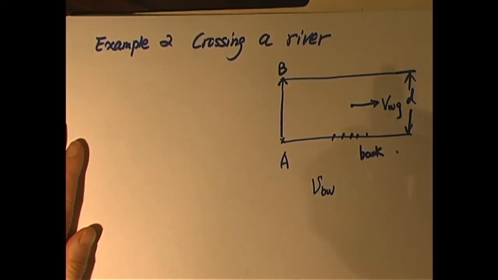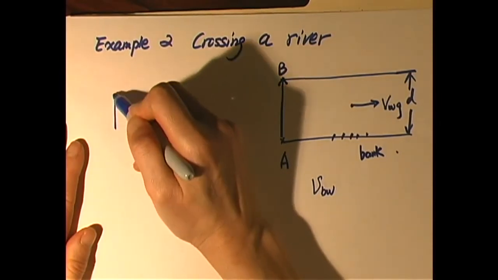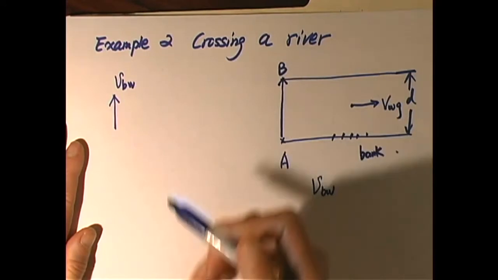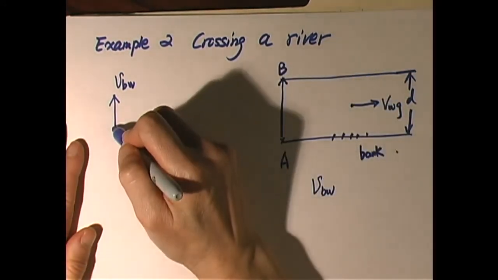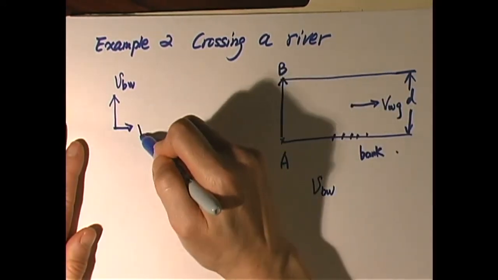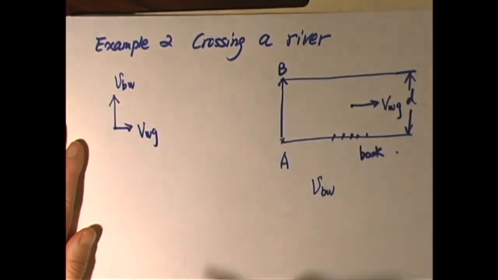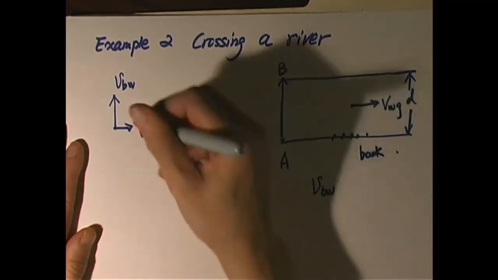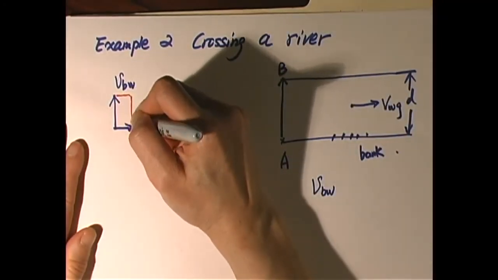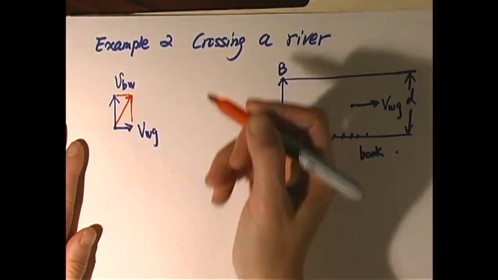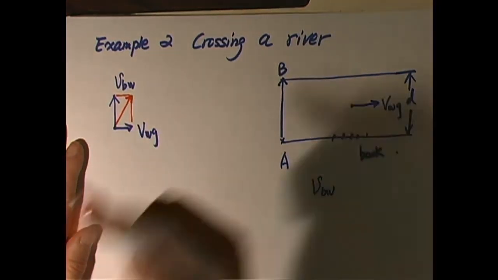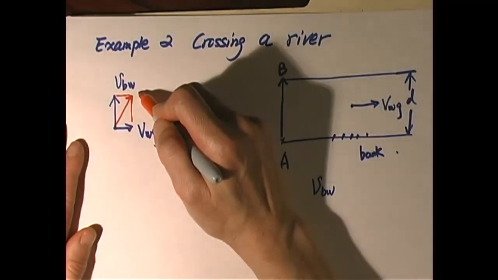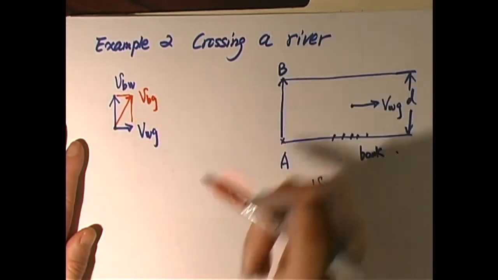Now the situation is apparent that if we aim the boat, V boat to the water, this way, at any time the water, which is V water to the ground, will push the boat down the stream. So as a resultant, the boat will end up in a direction other than directly from A to B. And that is V boat with respect to the ground.